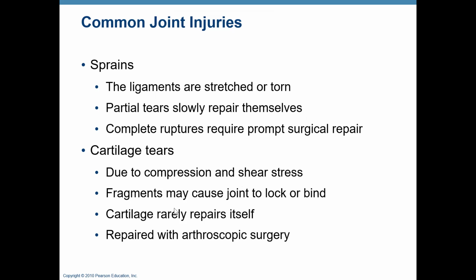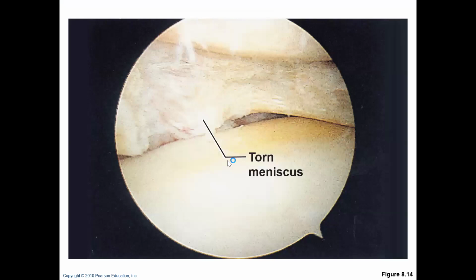Cartilage rarely repairs itself because it's avascular. You'll need some type of surgery. And this is a picture of a torn meniscus, which is the fibrocartilage in the knee. Now, I'm no specialist, but my understanding is if it's slightly torn, they go in there and maybe do some shaving of the disc of the meniscus, make it nice and smooth, and hopefully that'll take care of it.